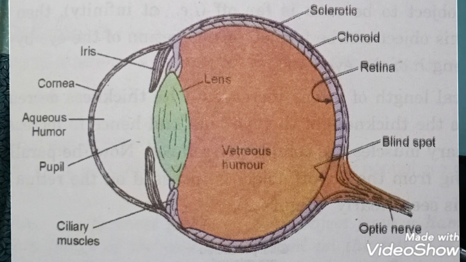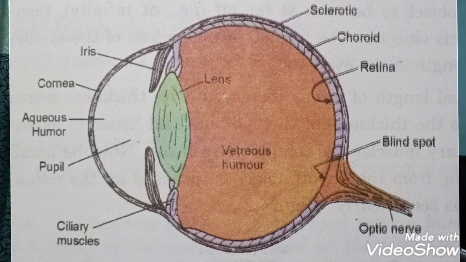Light enters the eye through a thin transparent membrane called cornea. It is a protective membrane and covers the front surface of the eyeball. It is the protective layer and it protects the eyeball.